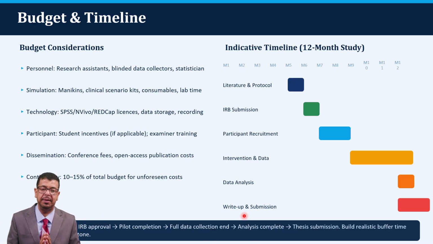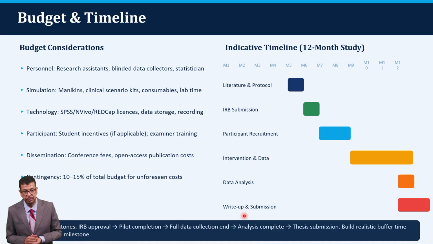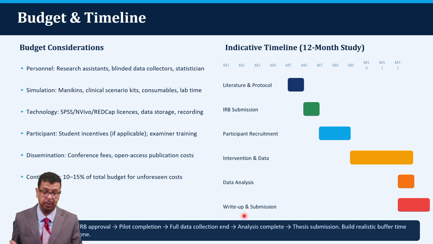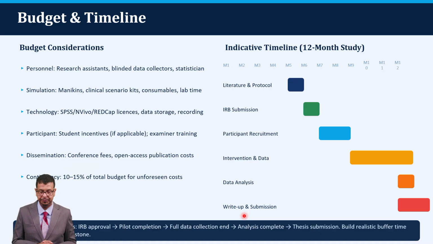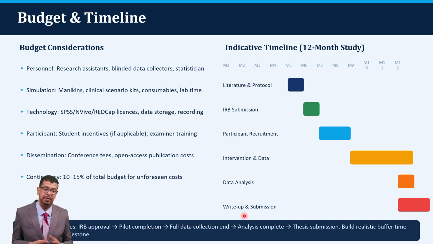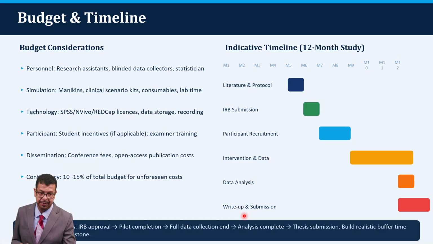You have to consider the budget for the resources that you need, the human resources, the software that you need for the analysis, whether for statistics, for quantitative, or other software that could be helpful for qualitative. Think about maybe participation in a conference and so on, and always keep 10 to 15% of the total budget for unseen costs.